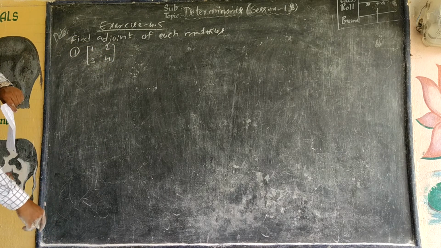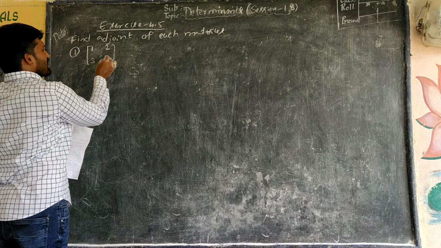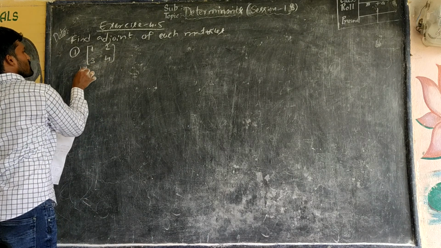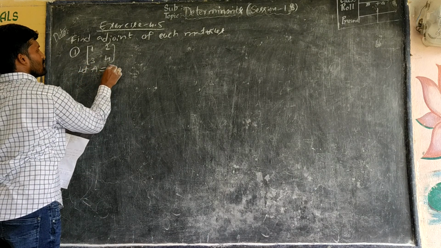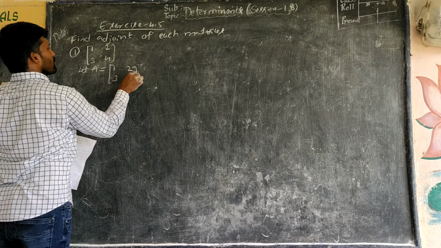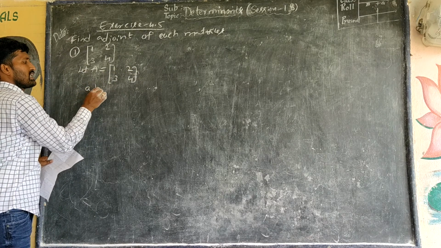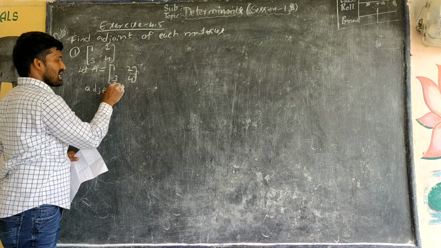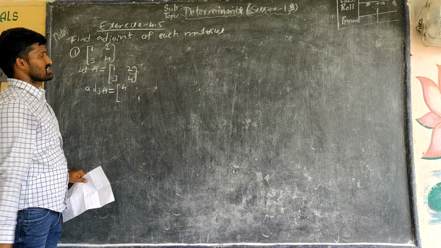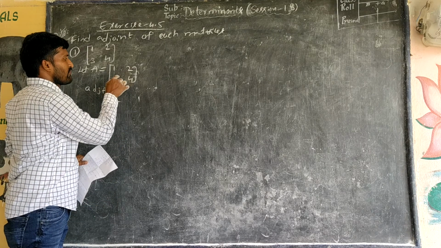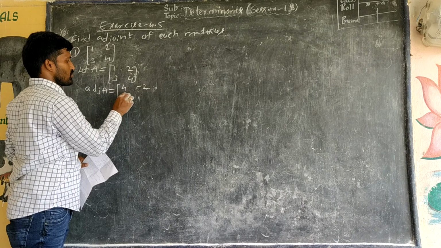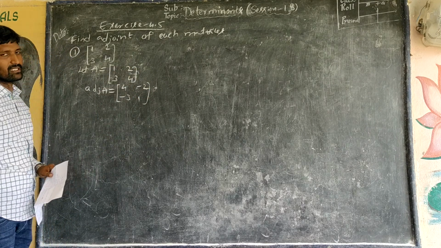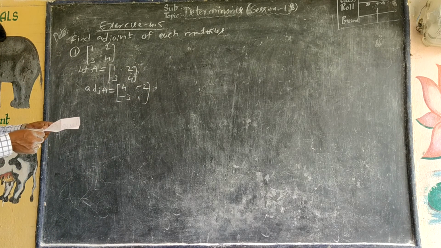For a 2 by 2 matrix, how to find the adjoint? Let us assume this is the A matrix. How to find adjoint A? Interchange the diagonal elements and change the sign for the remaining 2 elements: [4 -2; -3 1]. It's a simple way to find the adjoint A.